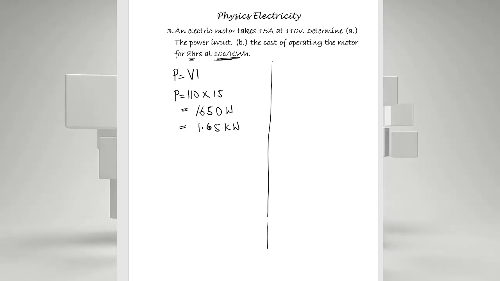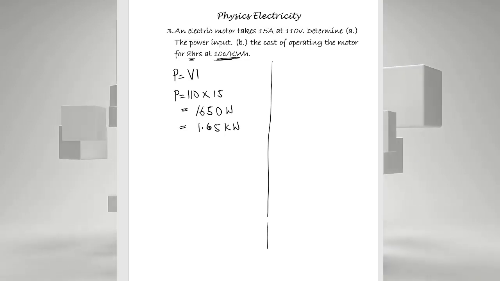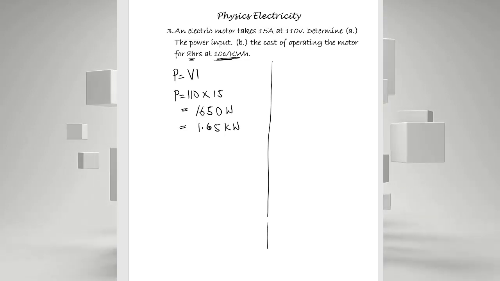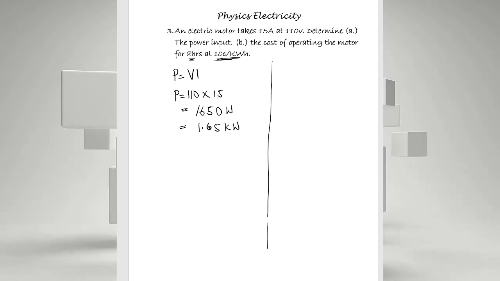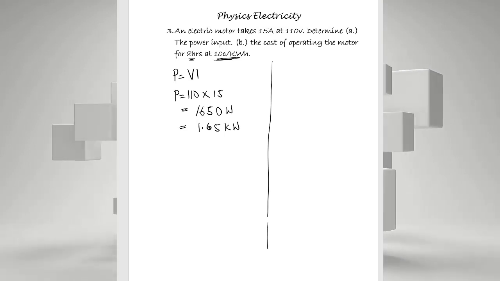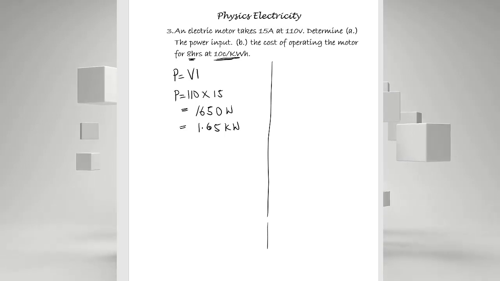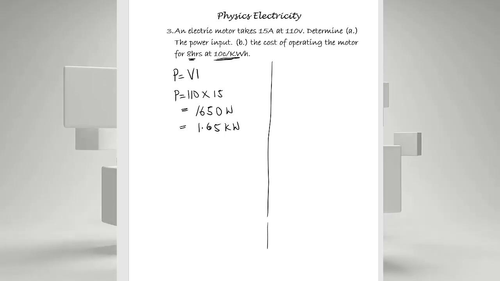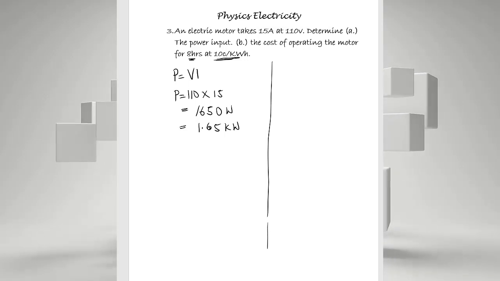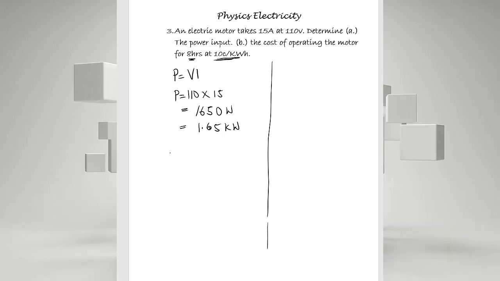Then I will find what it will cost me to run such an amount of energy. So we have that W is equal to P times T. What I'll do now is look for a way of expressing my work done in terms of kilowatt hour.